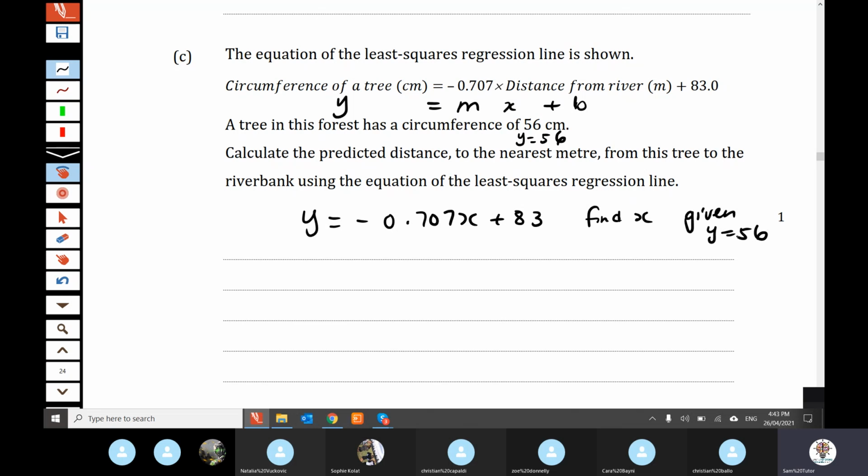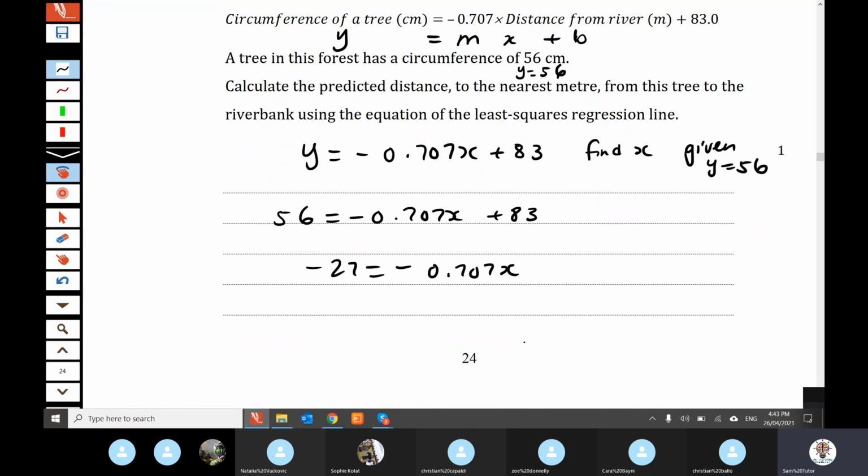Good. Y equals 56, here it is. Tell me my next step to find X. Take away the 83. 56 take away 83 is negative 27. How do I get rid of that gradient now?